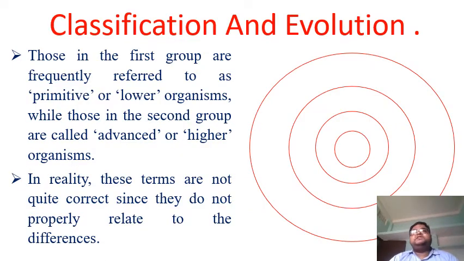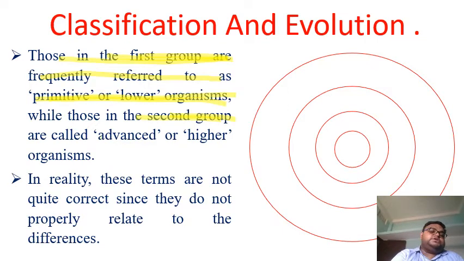Okay, the first group, those that haven't changed their body design over a very long period of time, we simply refer to as primitive or lower organisms. The organisms that have made their body into a new form are classified into the second group, and we also call them advanced or higher organisms, right?